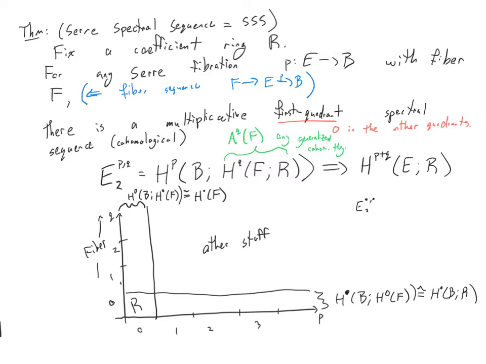So you can use K-theory or something like that, and then your target instead becomes A^(p+q) of the total space.